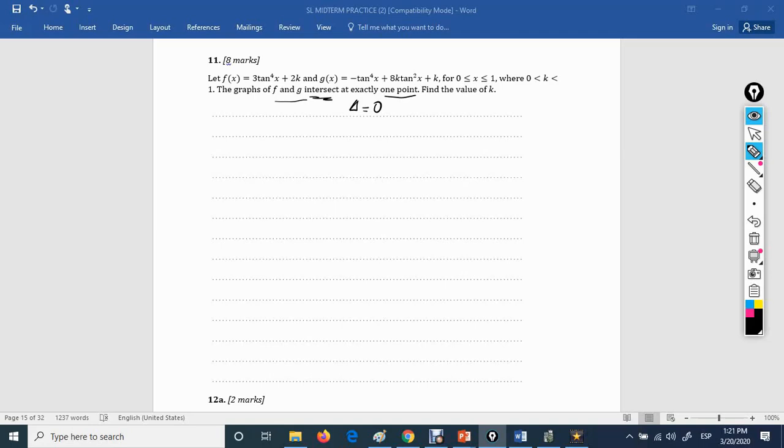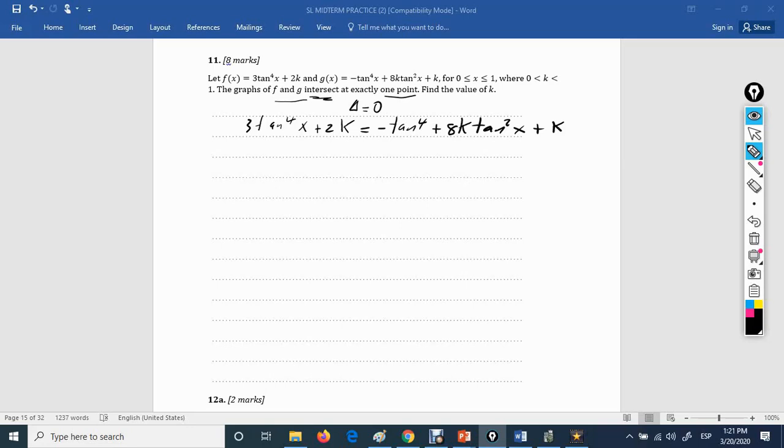So 3 tangent to the 4 of x plus 2k equals negative tangent to the 4 plus 8k tangent squared of x plus k. So one can sense this is a quadratic deal.